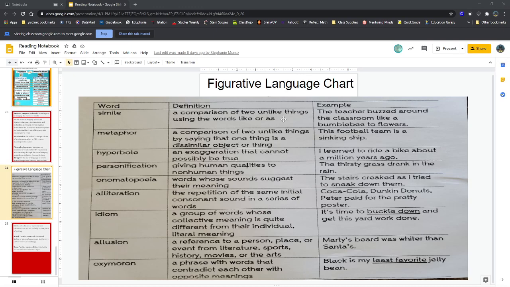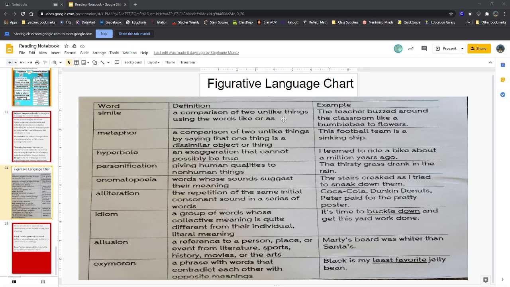So the key to finding a simile is finding those words like or as. If they're talking about two different things that you would think are two completely different things, and saying that one of them is like something else or one of them is the same as something else, then you've got a simile.